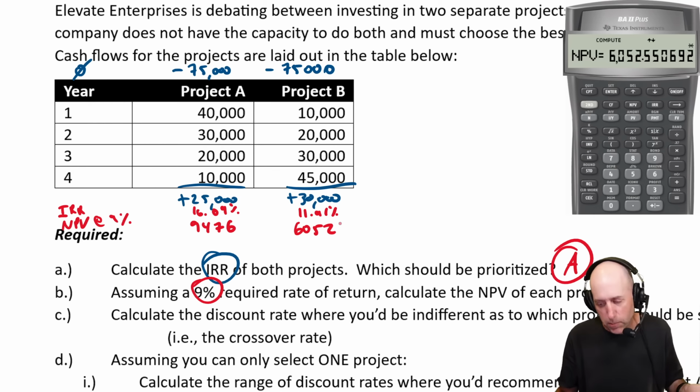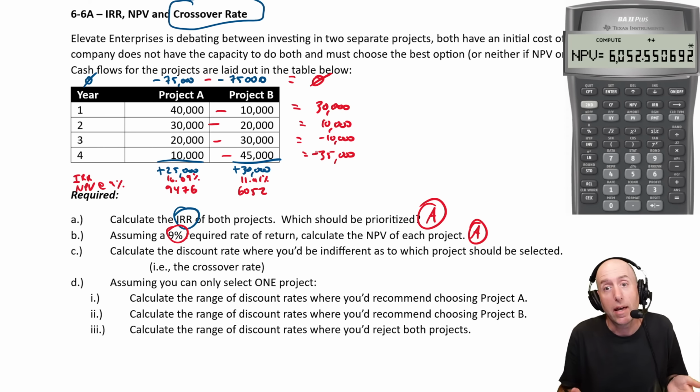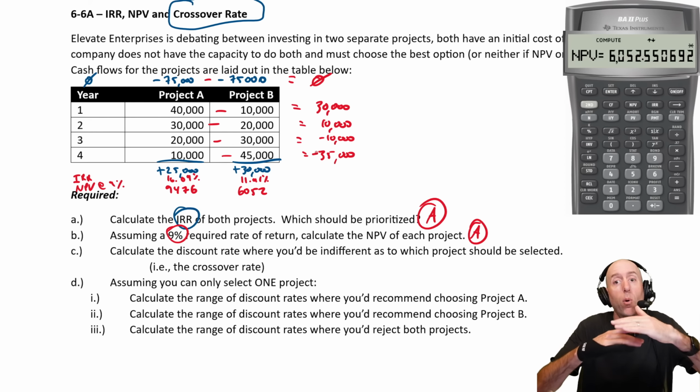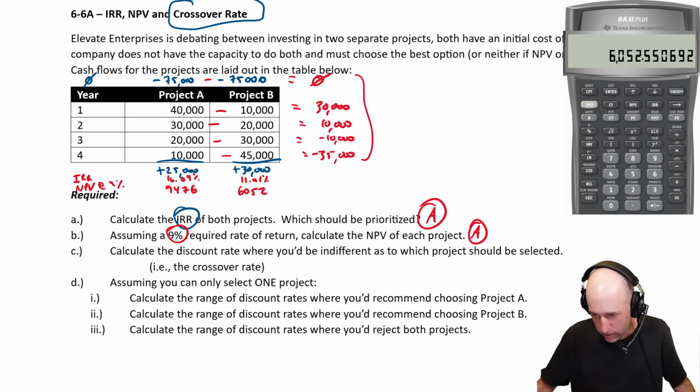So the 75,000 to 75,000, there's no difference there at the cash flow at time 0. 40 minus 10 is 30,000 positive, 30 minus 20, 10,000 positive, 20 minus 30, 10,000 negative, and 10 minus 45, 35,000 negative. We enter these all as cash flows, and we calculate the IRR of this. This will be our point of indifference. This will be where we're indifferent between the two options.